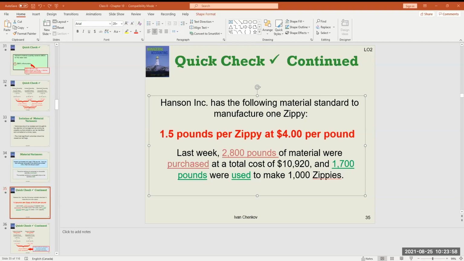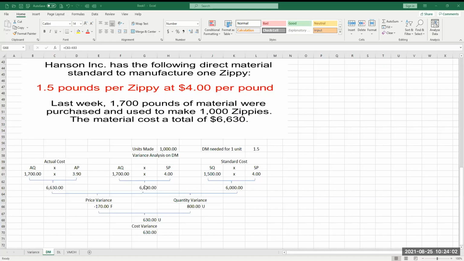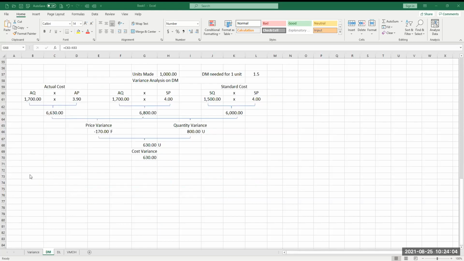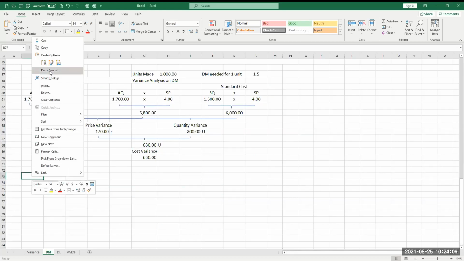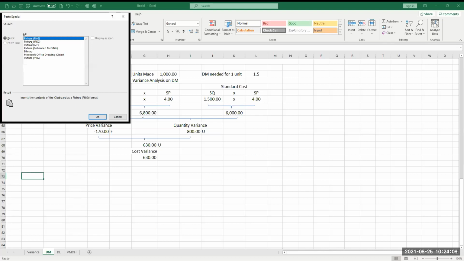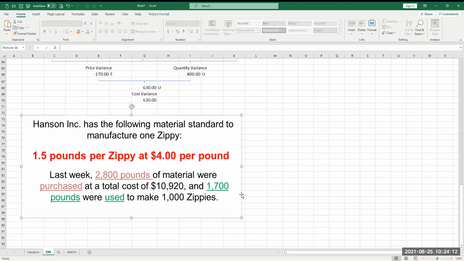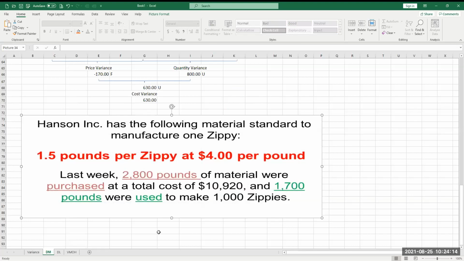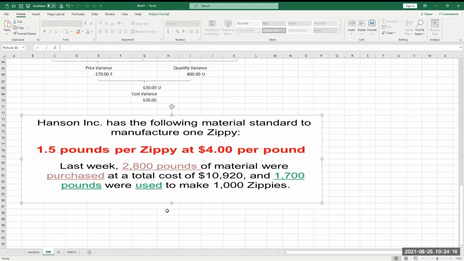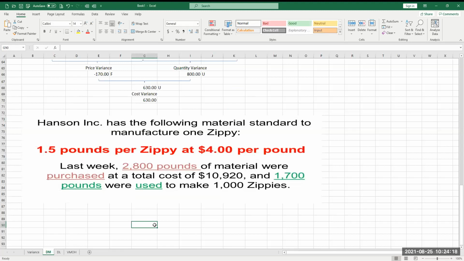Let me share my screen again. I'm going to paste it right in here, not as a picture again. So now there's a difference.